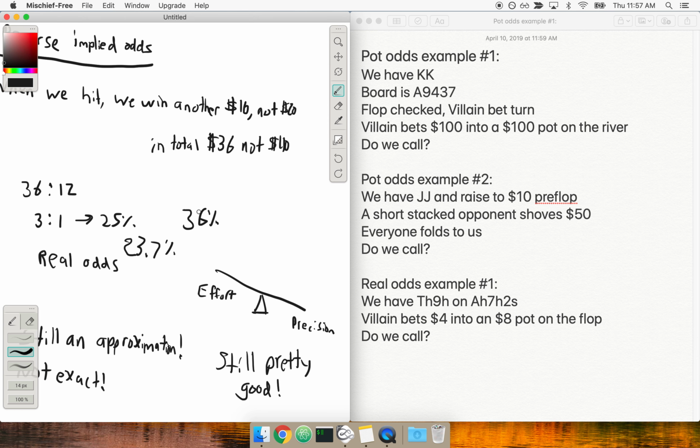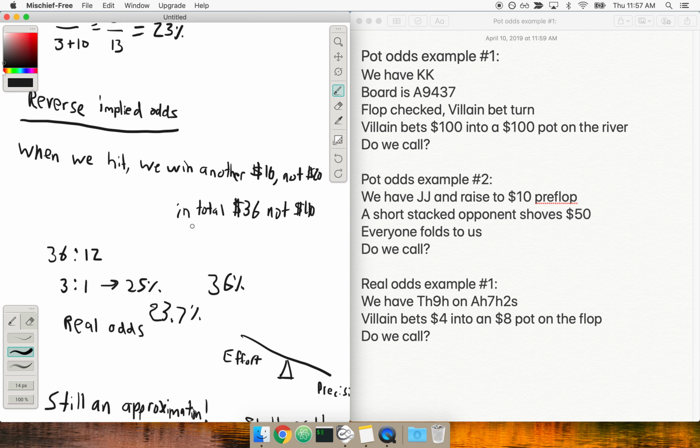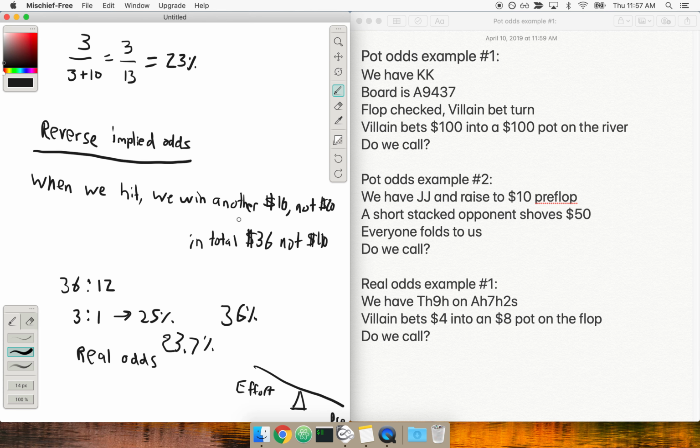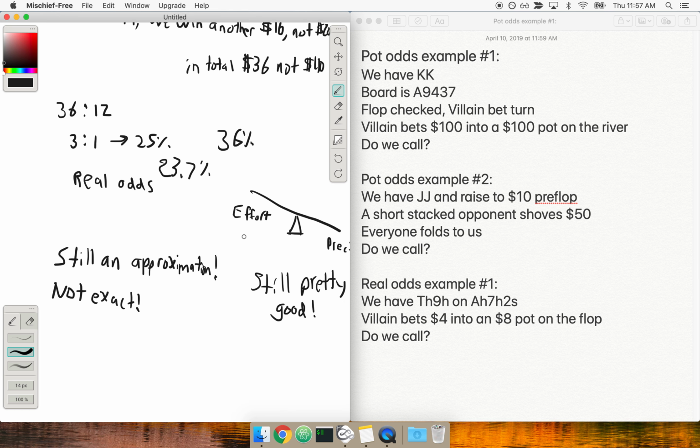I'm not going to answer that for you. I think it depends on the situation, but that's what you have to think about. So by doing all of this, implied odds, effective odds, it's pretty good. It's not perfect. I want to be clear that this isn't exact, but it's pretty good.